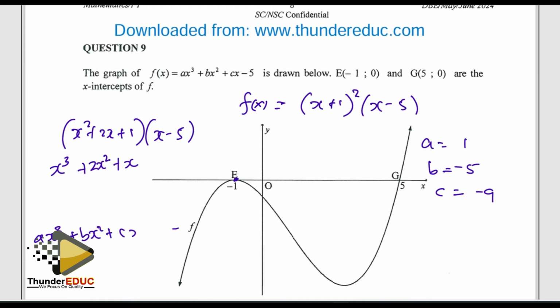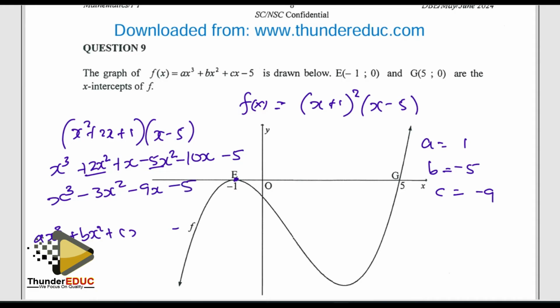Then 5, and that is minus 5x squared, minus 10x, minus 5. Okay, so it's x cubed, and this and this is minus 3x squared minus 9x, then minus 5.